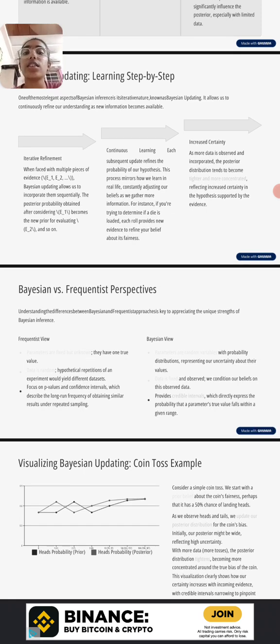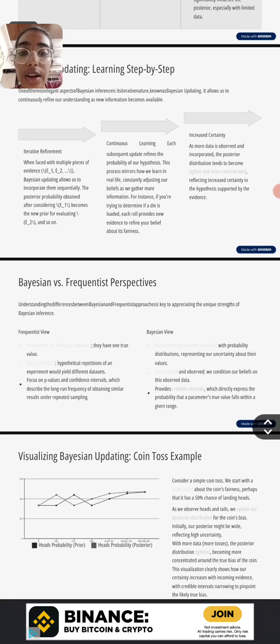Next is continuous learning. Each subsequent update refines the probability of our hypothesis. This process mirrors how we learn in real life, constantly adjusting our beliefs as we gather more information. For instance, if you are trying to determine if a die is loaded, each roll provides new evidence to refine your beliefs about its fairness.